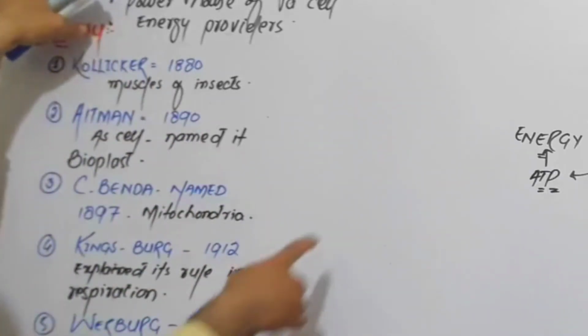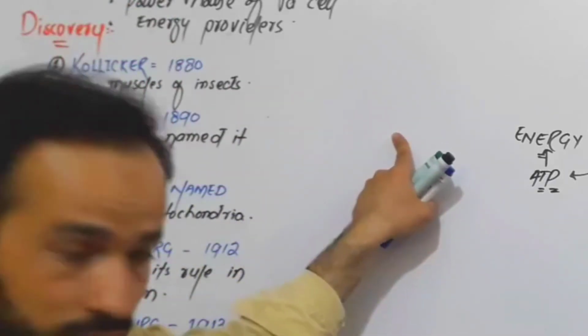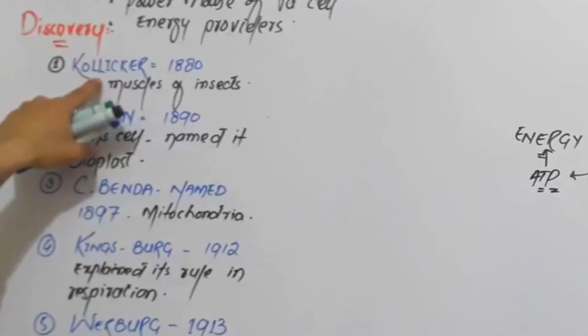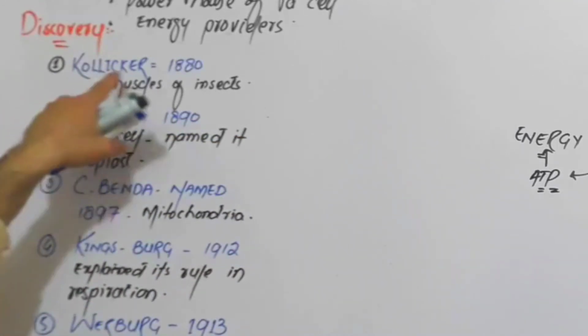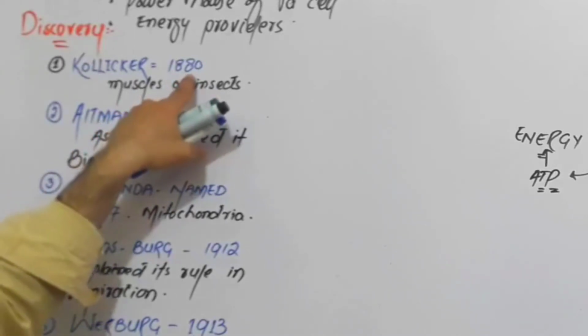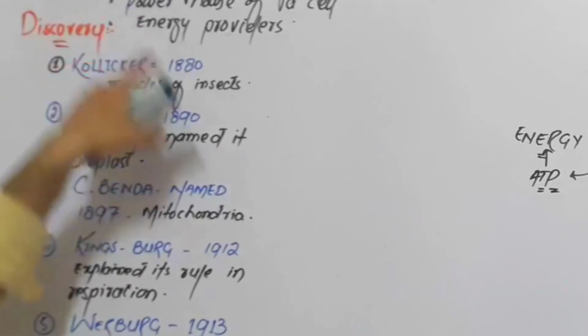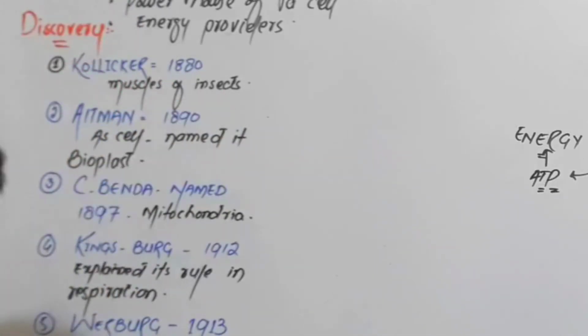We will say after a while how many mitochondria can be in a cell. So Kolliker was the scientist, the doctor, who in 1880 saw for the first time these thread-like substances in the muscles of insects, right? He was the first person who observed the mitochondria, but he didn't yet know what they were, right?